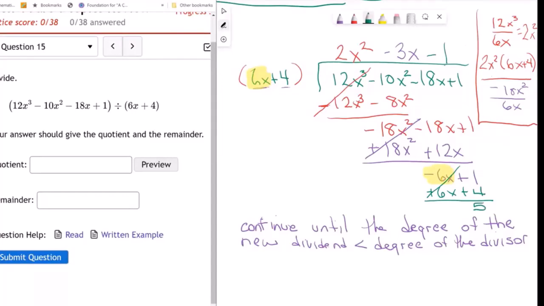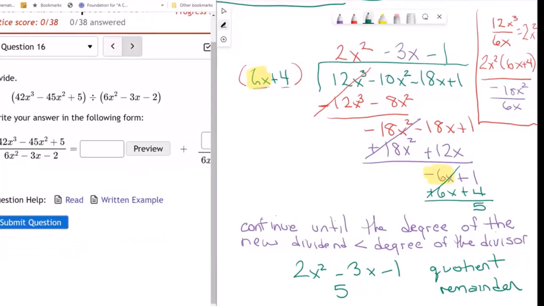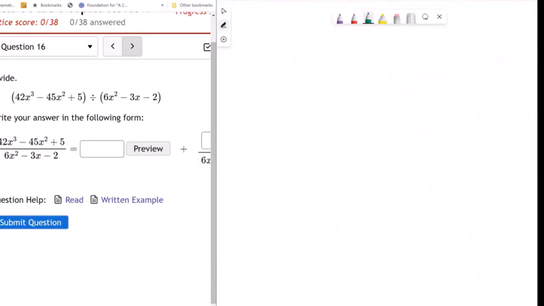The answer to this is 2x squared minus 3x minus 1. This is the quotient. 5 is the remainder. I know this looks even worse, but it's all the same. And you always want to get rid of the leading term. That's always our goal.